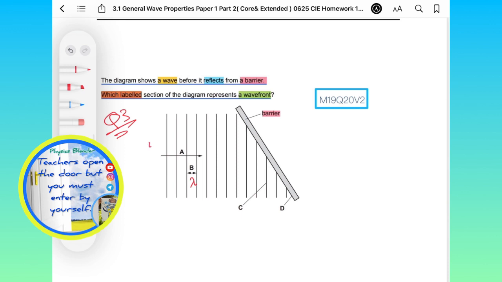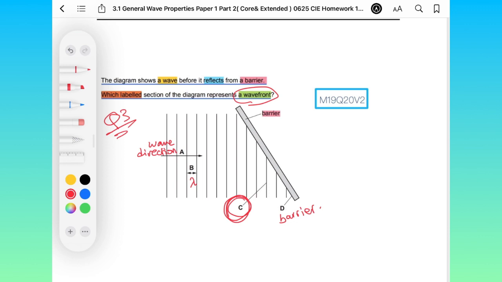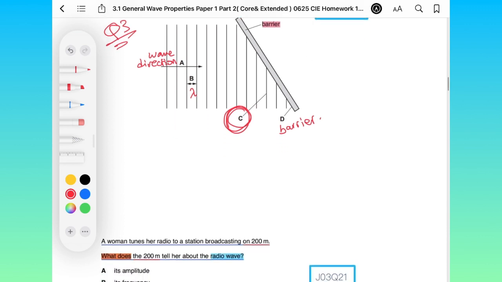A is representing wave direction, the direction of wave travel. The barrier here is D, so this is the reflecting surface or the barrier. So which one is representing wavefront? The answer is C. They are equally spaced and the distance between two wavefronts represents wavelength.